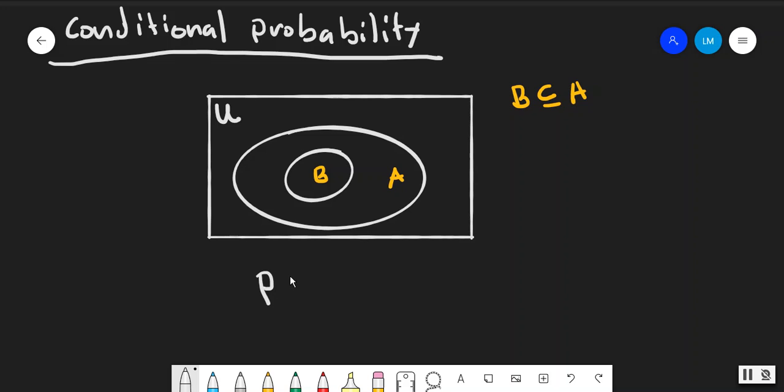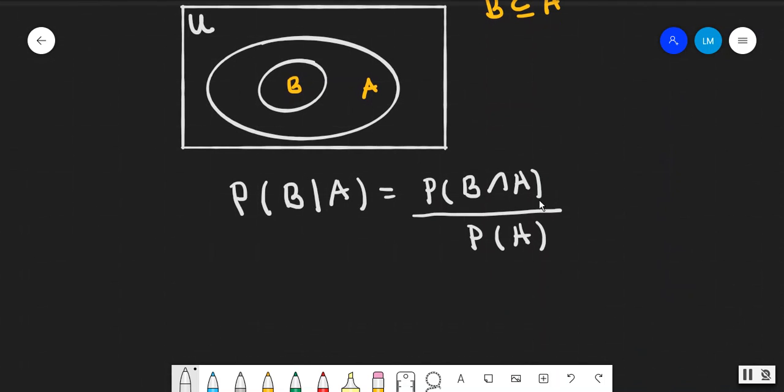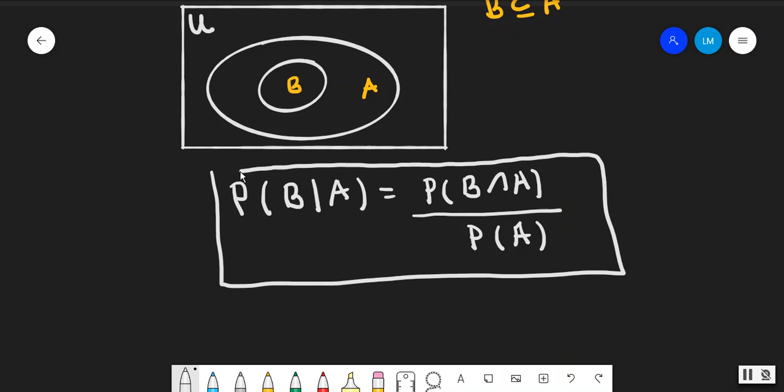You have the probability of B given A is equal to the probability of B and A, out of the entire probability of A. This is the formula for finding a conditional probability, and it's one of your many formulas.